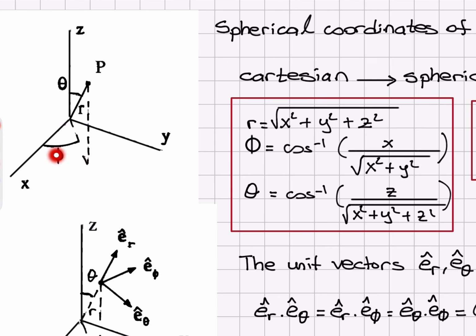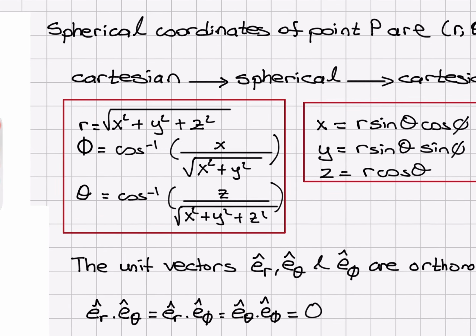So this is x and this is y, and this is the hypotenuse, square root of x squared plus y squared. So cosine inverse of x over the square root of x squared plus y squared gives us phi, and for z we have r cosine theta is z, which means theta is cosine inverse of z over r, which is the square root of x squared plus y squared plus z squared.